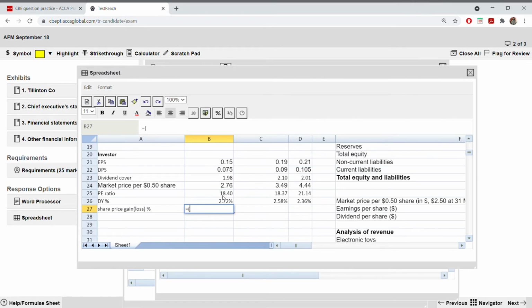So what happens is this, 2.76 minus 2.5 into 400. Okay, it's 104 the gain. But they have taken it as 10.4.